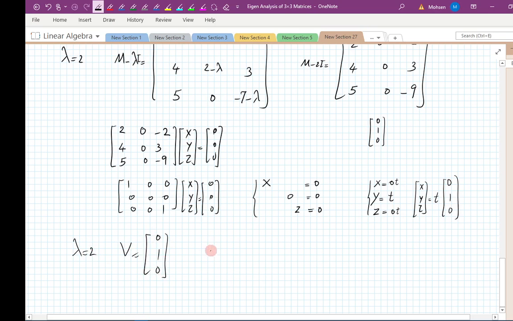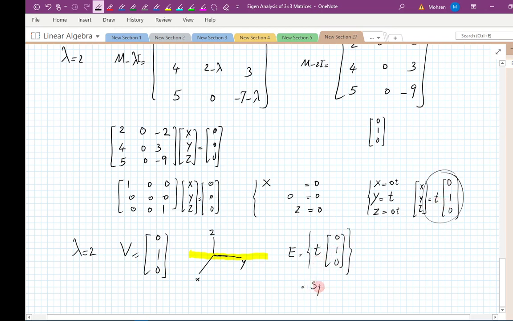It's easy to graph the eigenspace. At least this one is easy, because if this is x and this is y and this is z, my eigenspace is just sitting right on the y-axis. The y-axis is my eigenspace. So there are several ways of talking about the eigenspace: all multiples of that, t times 0, 1, 0, except that t equal to 0 is also allowed here.